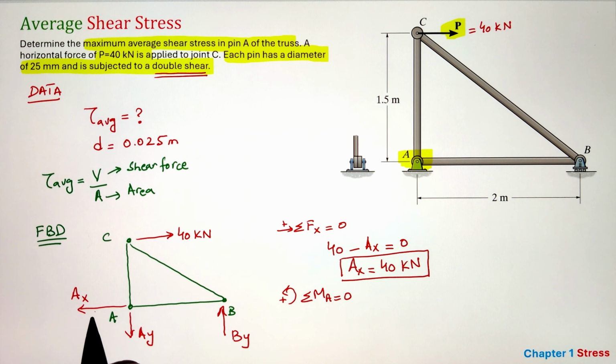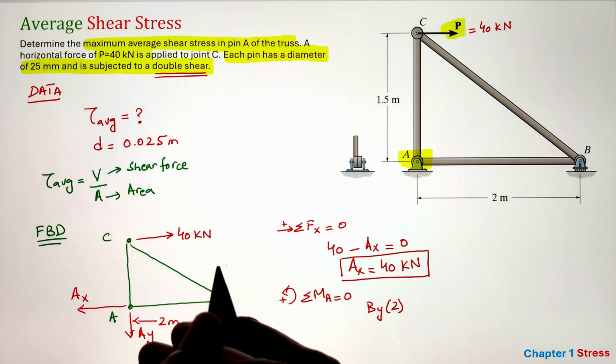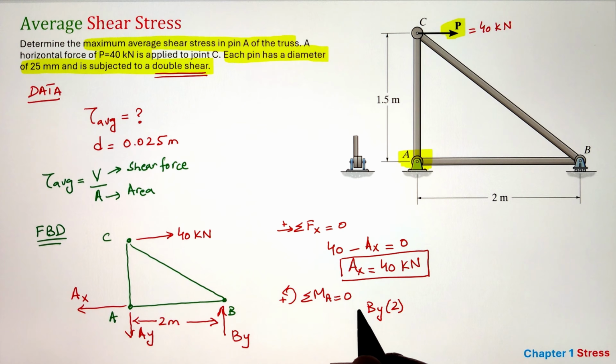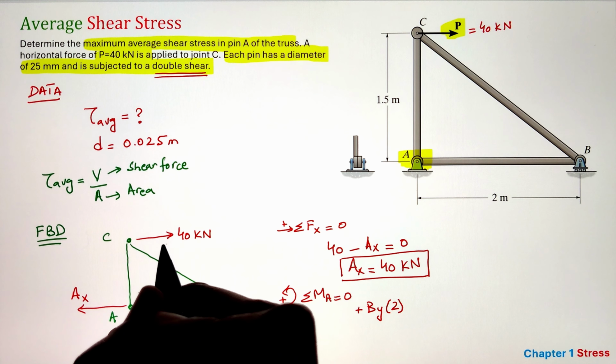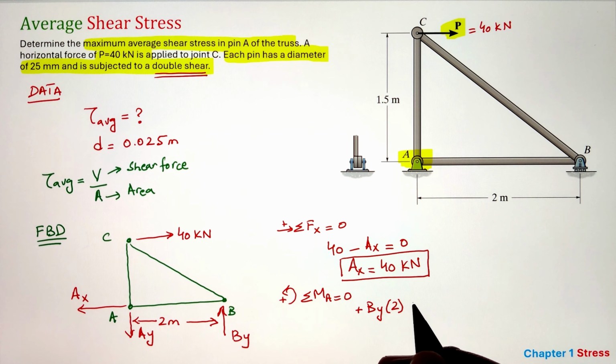Next, we can apply our summation of moment at point A equals 0. This will eliminate both my AX and AY, and I will be able to solve for the force BY. So to do that, we will need our moment arms as well. So a force of BY with respect to pin A is going to create a counterclockwise moment with a moment arm of 2 meters.